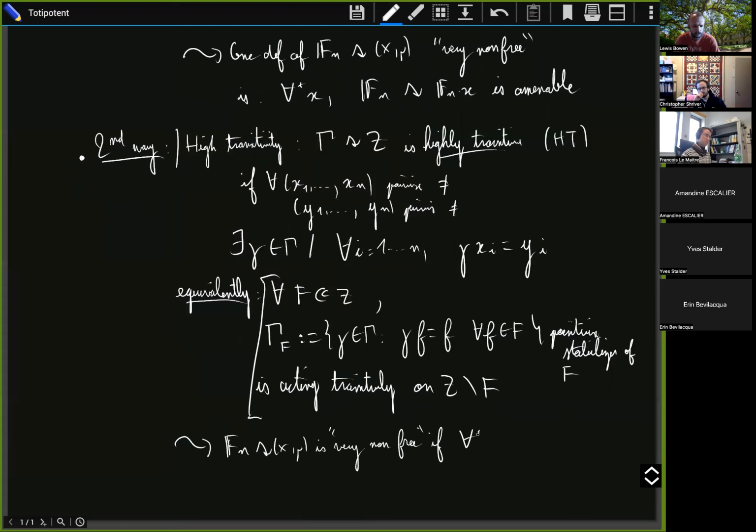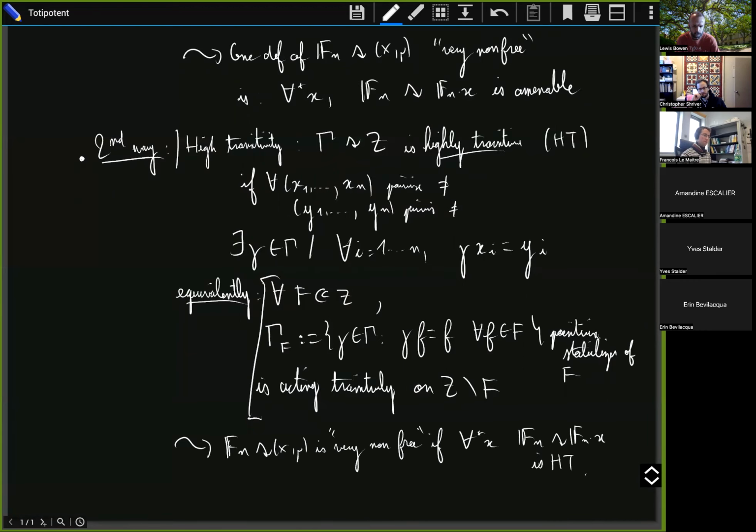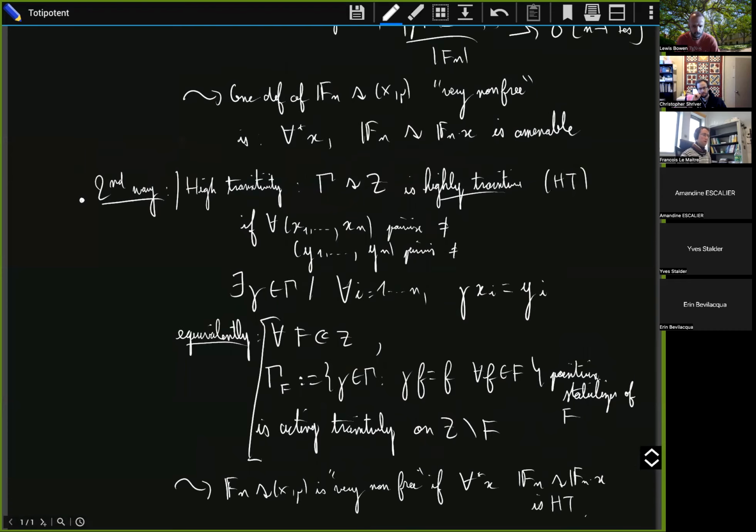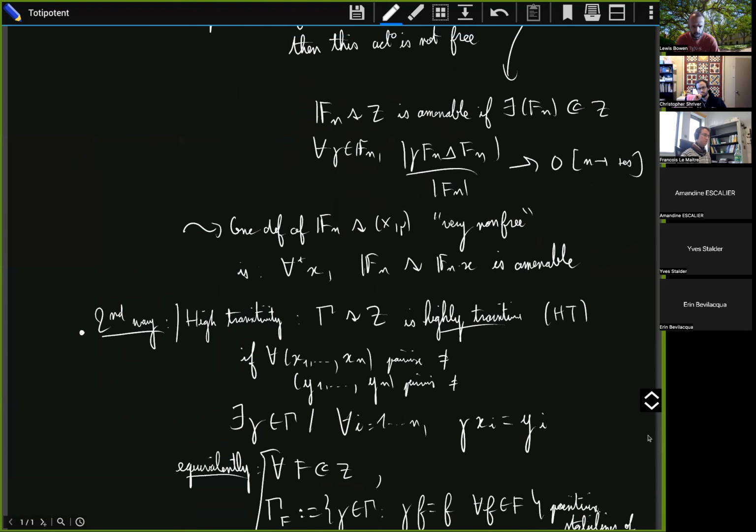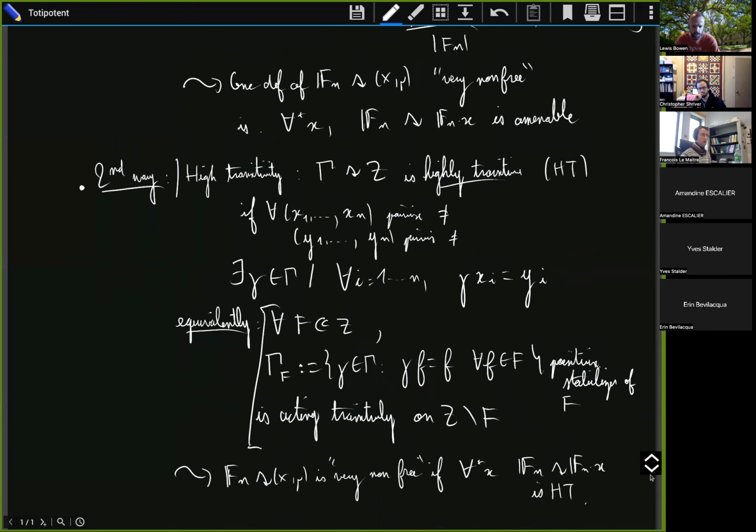If for almost every x, Fn acting on the orbit of x is highly transitive. All right, so now we have these two notions. First was amenability, second is high transitivity.